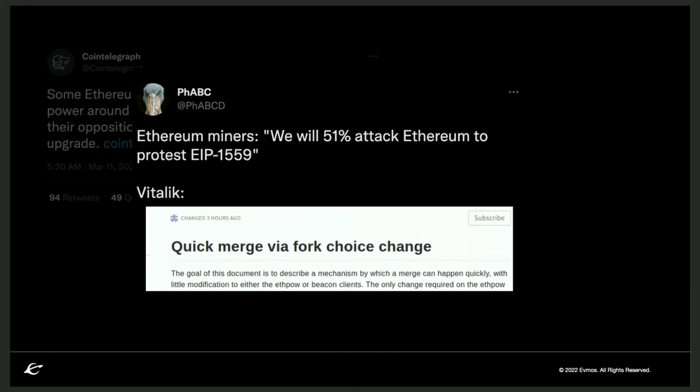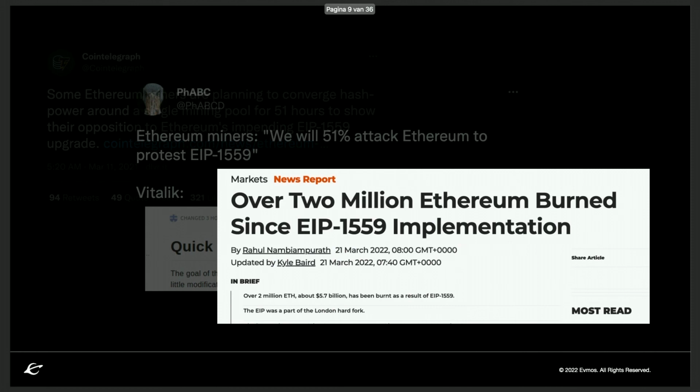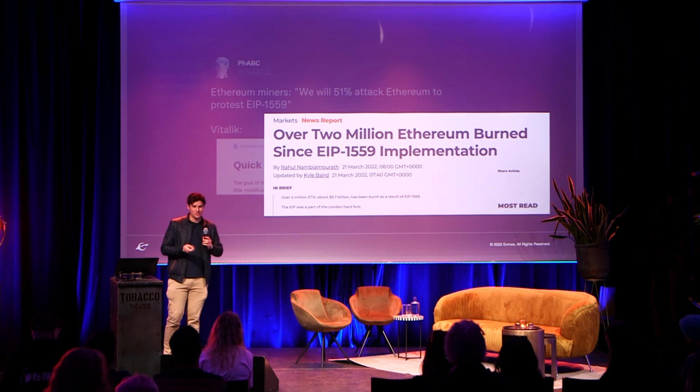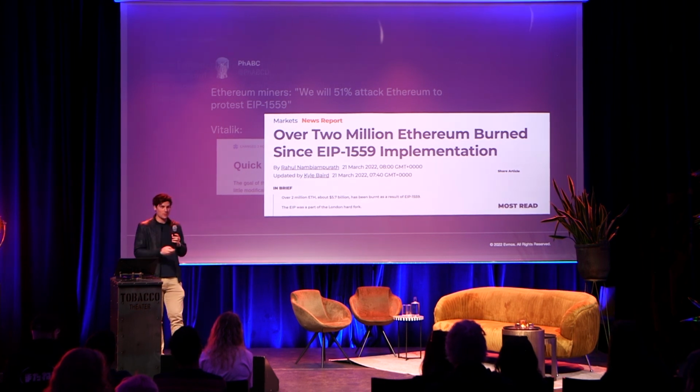Even Vitalik created a blog post, but in the end, they were more or less right in the sense that a lot of the Ether was effectively burned, and if it wasn't for EIP 1559, those Ether would go straight to their bags. And of course, when you're messing with someone's bag, they're going to get a little bit anxious about this functionality.